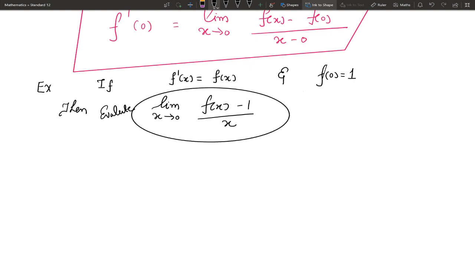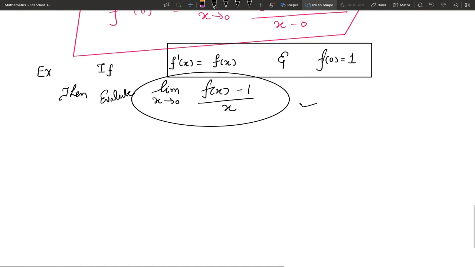This is given and evaluate this thing. So check that. What is limit x tends to 0 f of x minus 1 upon x.